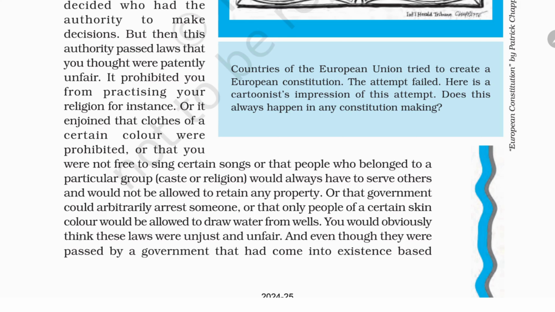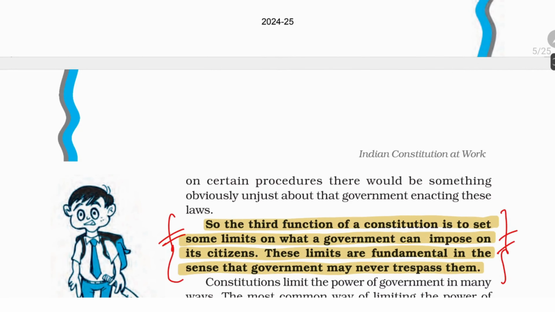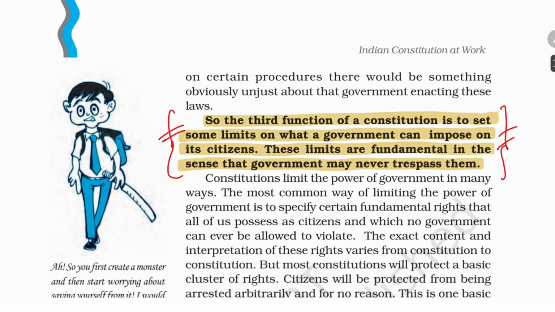You would obviously think these laws were unjust and unfair, and even though they were passed by a government that had come into existence based on certain procedures, there would be something obviously unjust about that government enacting these laws.